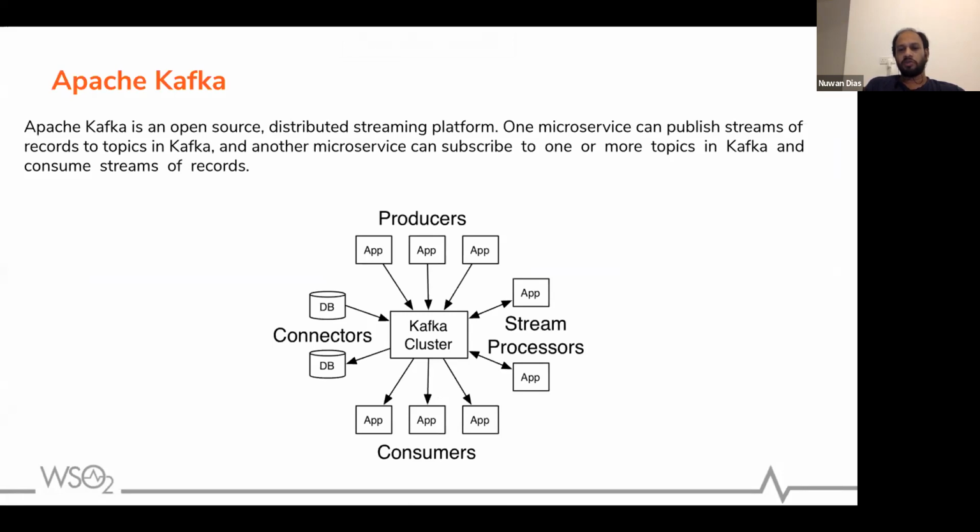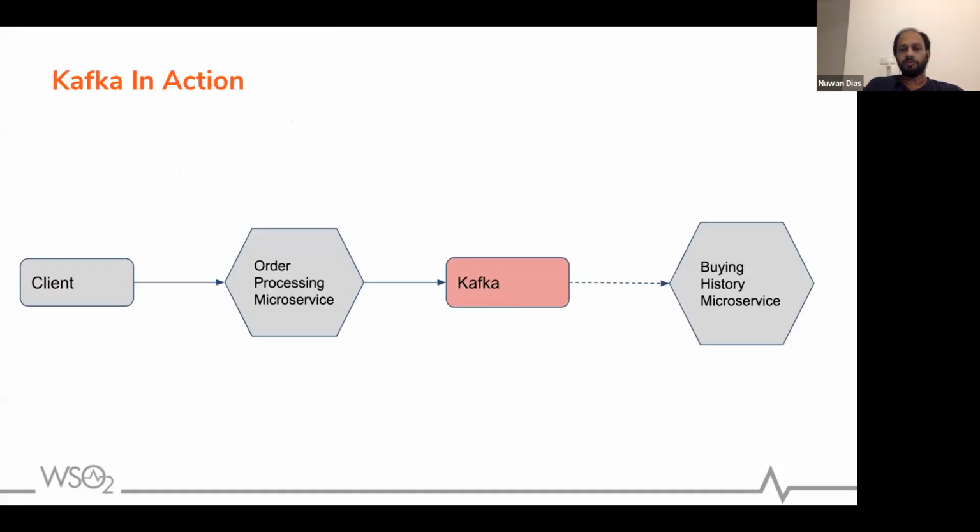Producers push events to these topics, and consumers listen to these topics for events. Whenever an event is received on a topic, they act based on what they're supposed to do. We'll quickly go through a simple sample of Kafka and then see how we can secure the communication channels.